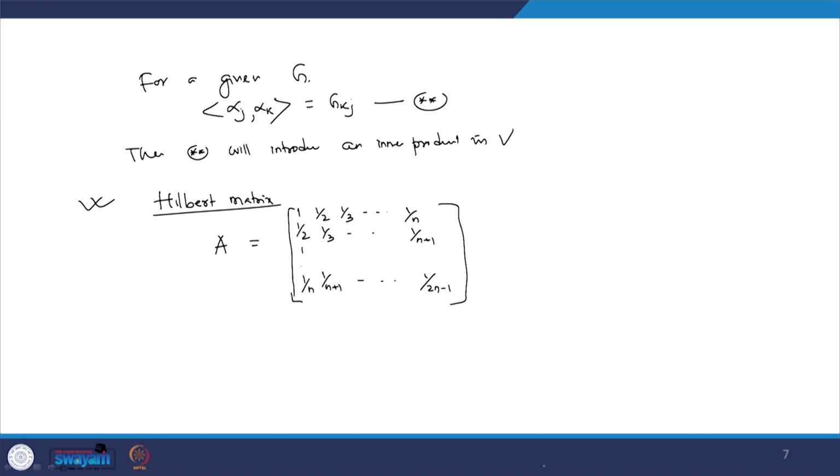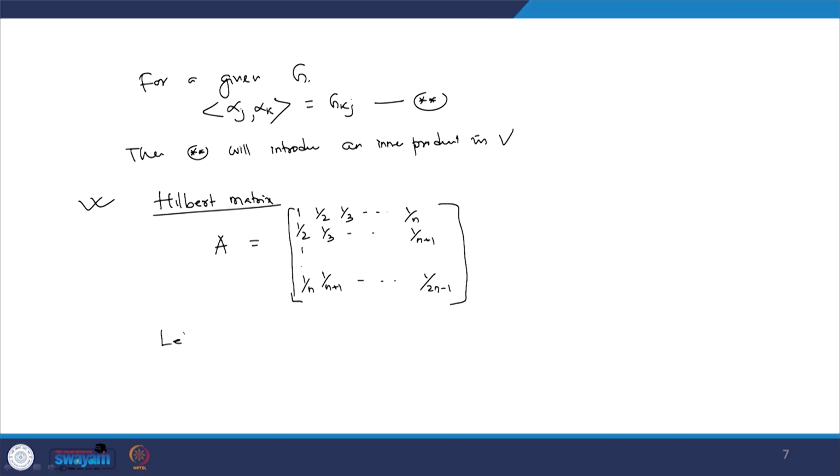Suppose A is like this matrix, so it is also a symmetric matrix. Is it possible to show that this matrix also comes as a consequence of a given inner product on a given vector space? If it is, then immediately I can say A will be an invertible matrix. So, now let us see what that space is and what that inner product is which will give this matrix.